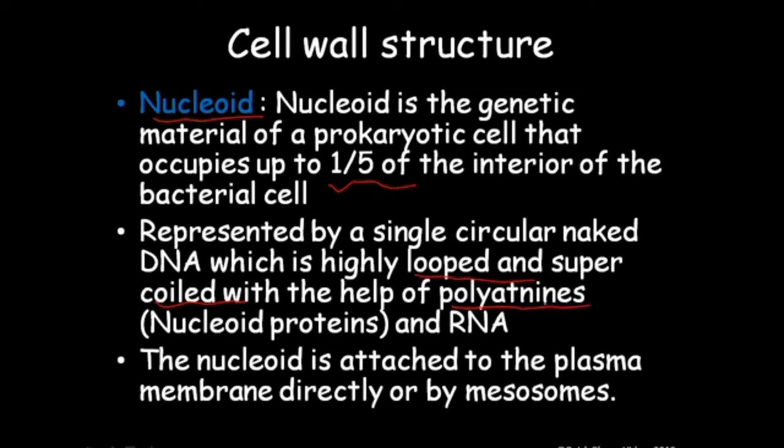This helps them to make a supercoiled structure. So if you see the bacterial cell, this is the nucleoid, and it is connected to the plasma membrane either directly or with the help of mesosomes. This is how the nucleoid is attached to the plasma membrane.